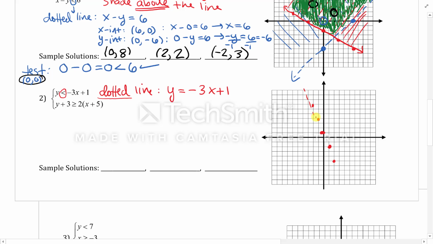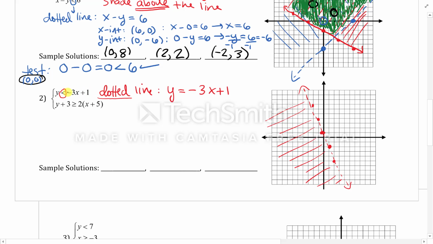And when I connect these, I will do so with a dotted line, because what I really want to show is where y is less than negative 3x plus 1, which would be values where the points are below the line, where the y values would be less than these numbers here, negative 3x plus 1.